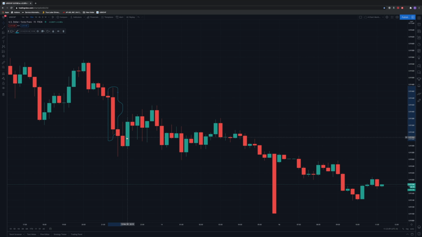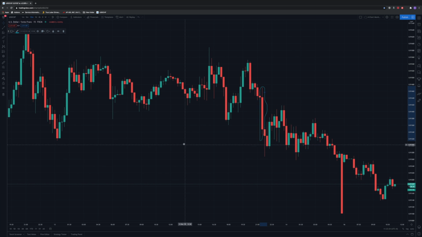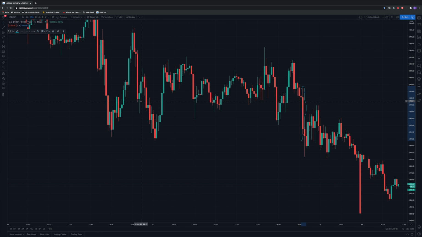Now, I'll be explaining later on about using a different color for downward candles as opposed to using red. The main point with that being to ward off some emotional effects that red candles can have on people. So we'll be going over that in a later video. But that is essentially how candles work and what they tell you.